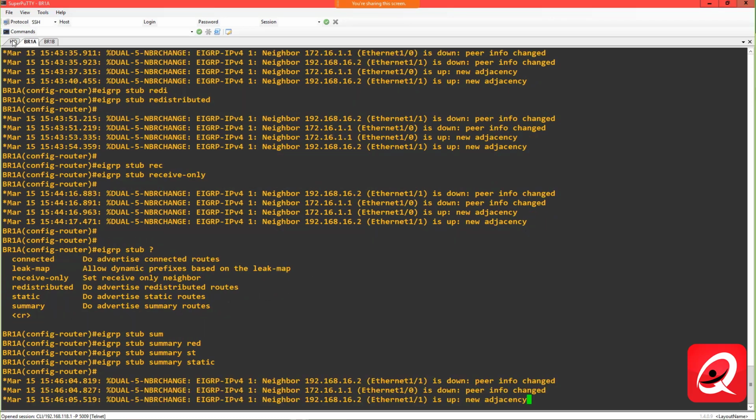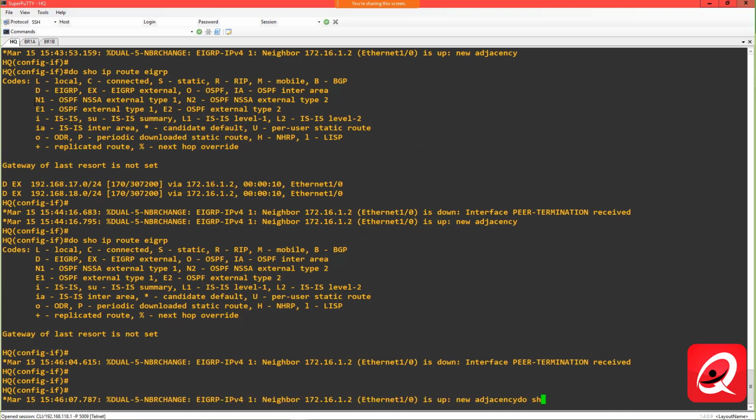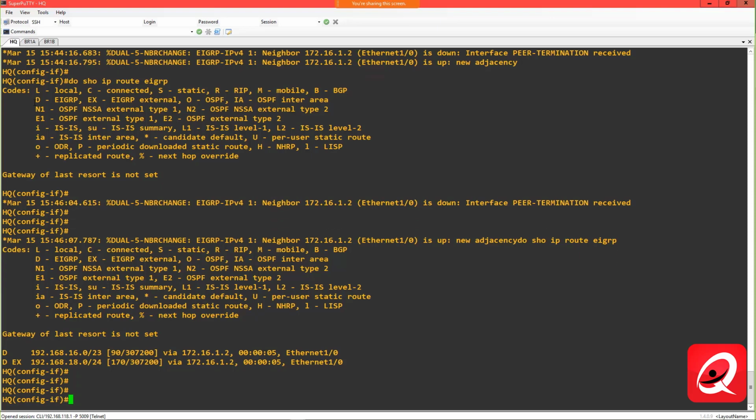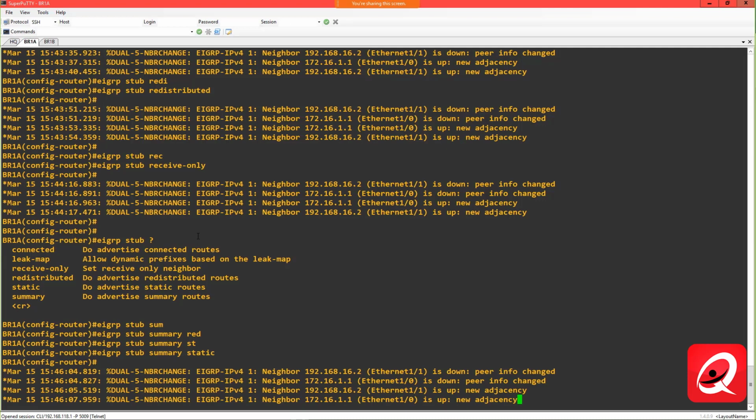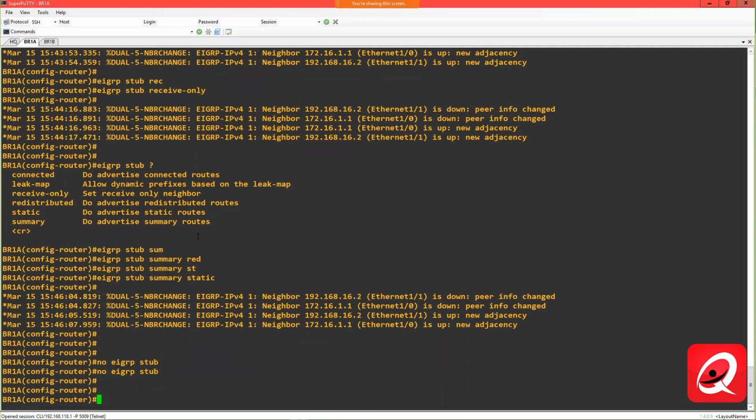All right, so now we'll see the /23 route here. Do show ip route eigrp, and we should also see the 18 route, because remember 17 is included in the summary as a D route, not a D EX route. So we can manipulate what gets sent from the branch router by simply putting in the stub configuration.